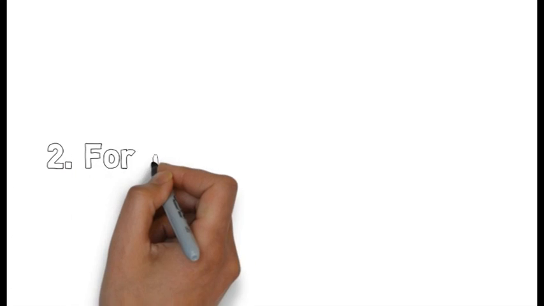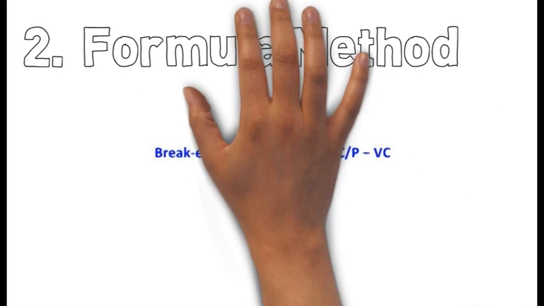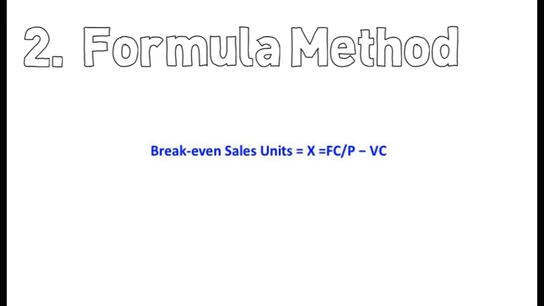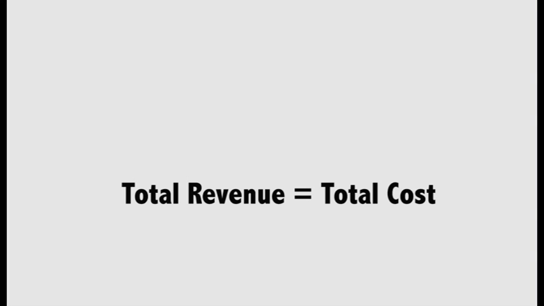The second method is the formula method, which is fixed cost over price minus variable cost. In other words, you can use the equation method or this formula to derive the break-even units at which total revenue equals total cost.